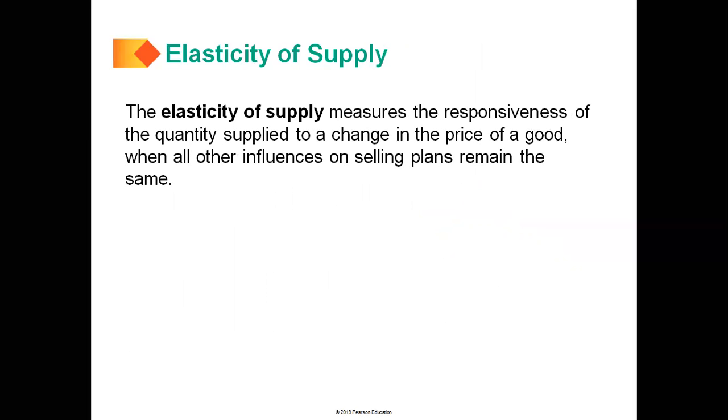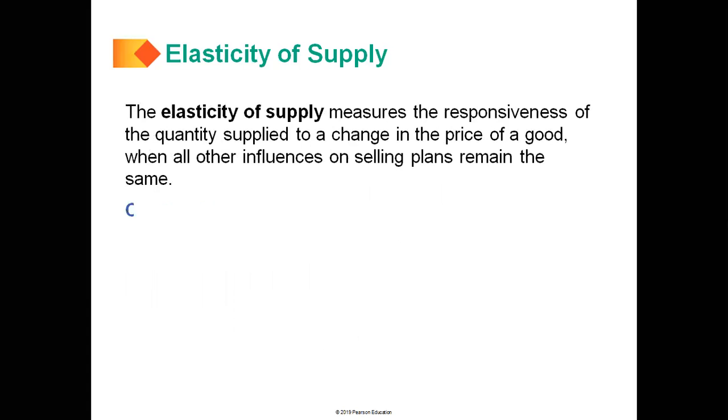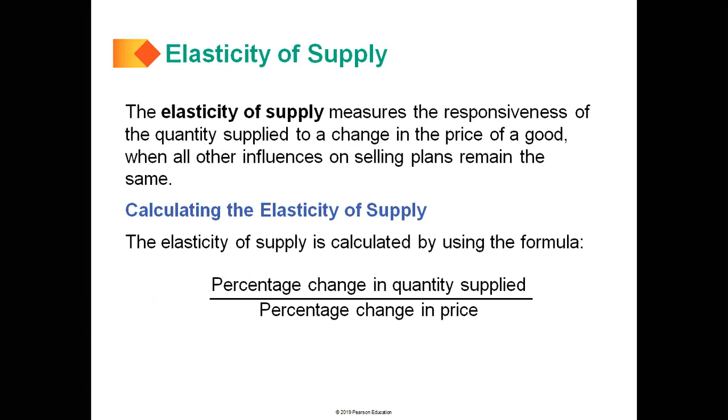Okay, so supply is the same idea. It's just the sensitivity. Okay, let's take a closer look. This elasticity of supply is the same thing. You just substitute the word supplied for demand.